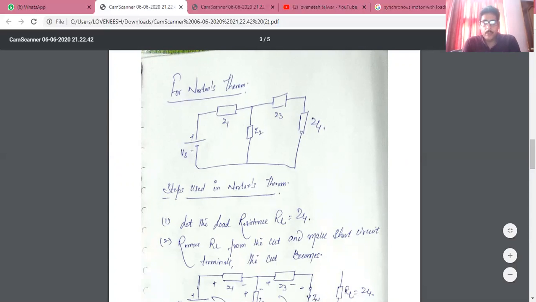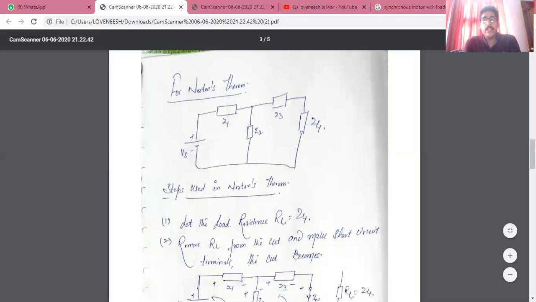Number 2, remove RL from the circuit and make a short circuit terminal. Mind it, in the case of Thevenin's theorem, you remove the load from the circuit and make an open circuit terminal. But now here, remove RL from the circuit and make a short circuit terminal.